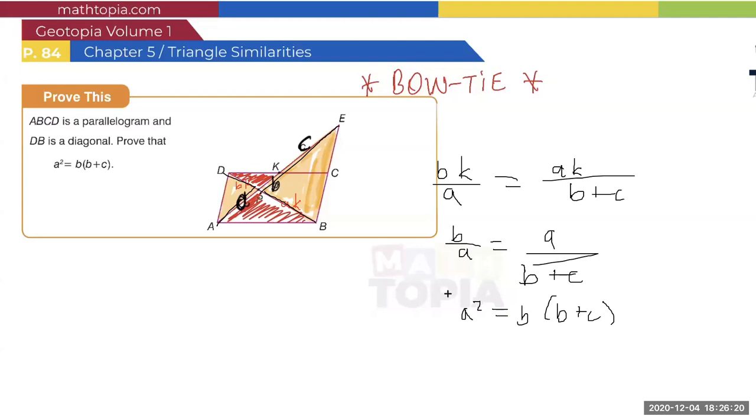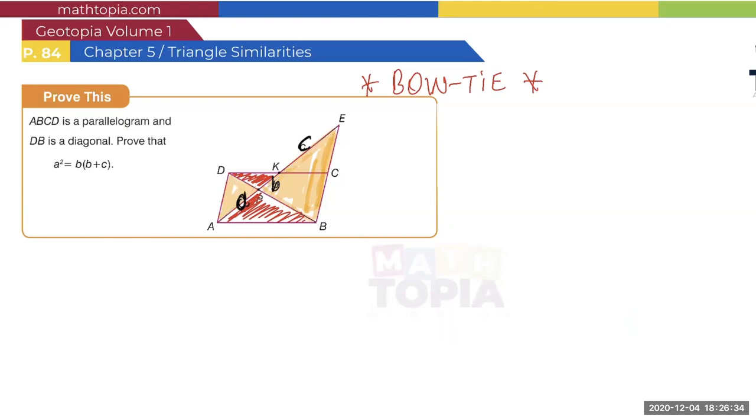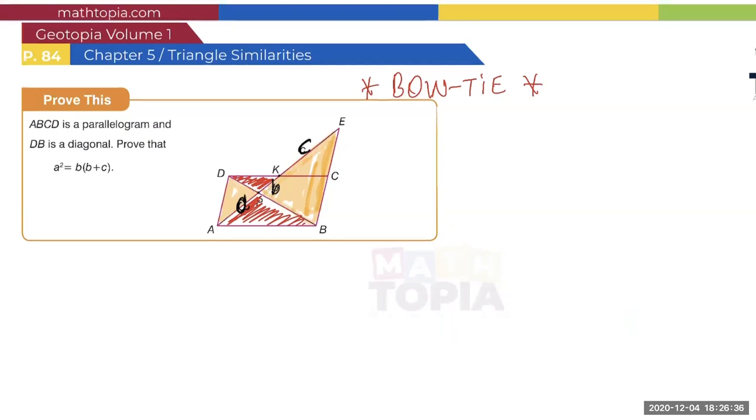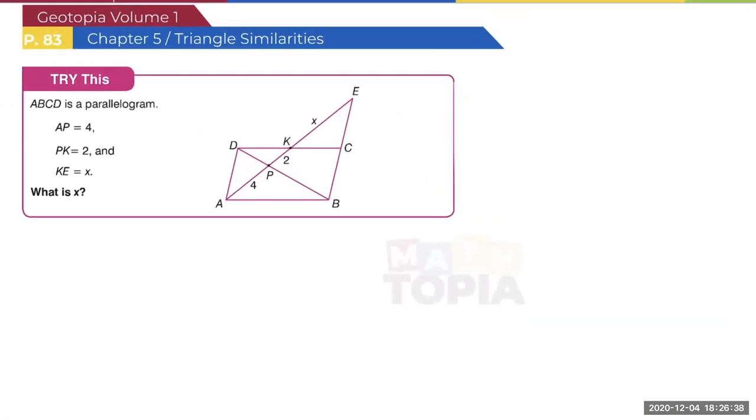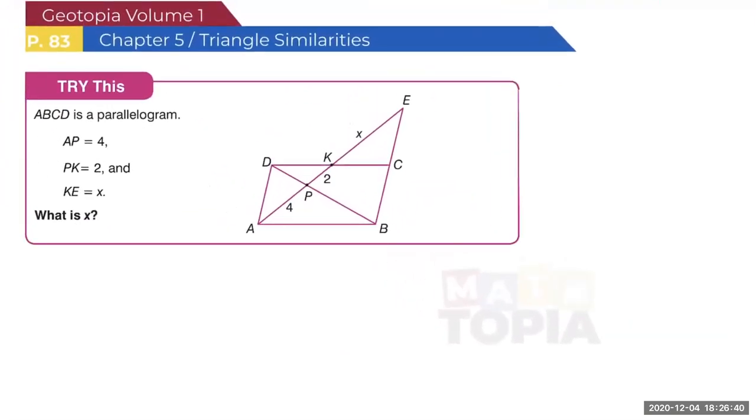So how do we memorize this one? A squared equals b times the whole b plus c, right? And then that will lead us to the previous problem on page 83. So we can do it the exact same way. We can say 2K, that's 4K, right?